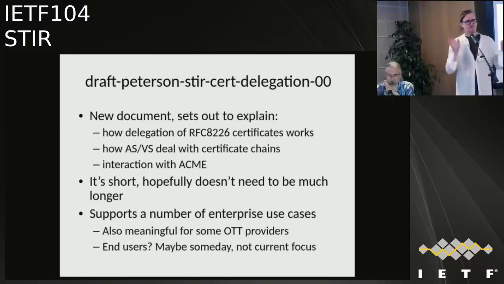And this is something that's obviously been extensively studied by good people like Russ and Sean in X509 since time immemorial. So there's plenty that we can steal, but still we just need a way to explain how it's going to work with the things that are specific to 8226, which mainly means the TN Auth List object that we added to X509 in order to be able to talk about who owns telephone numbers and service provider codes.